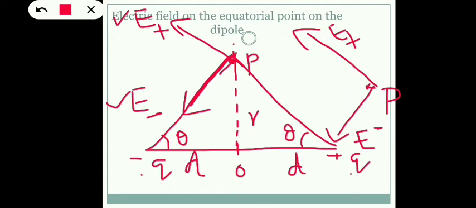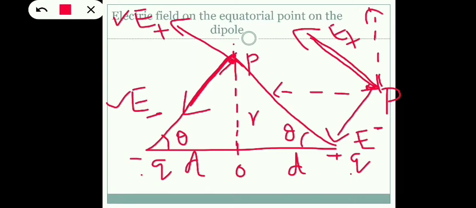So how will you resolve the vector into its components? In class 11th, you studied vector resolution. So the same procedure must be followed here. How will you resolve this vector E plus? This vector E plus is resolved into two perpendicular components like this.